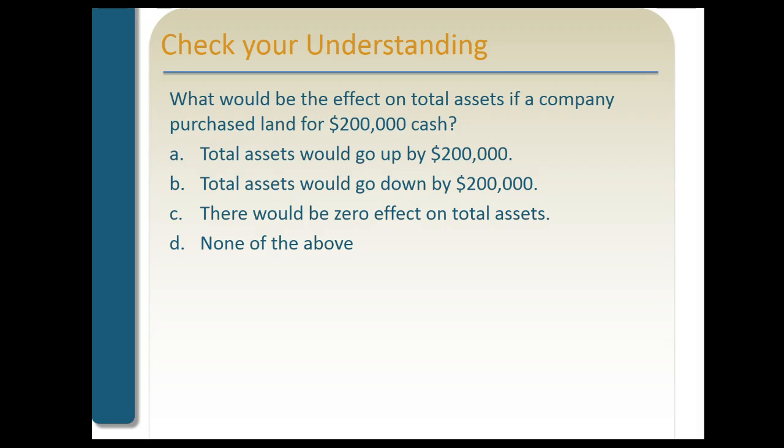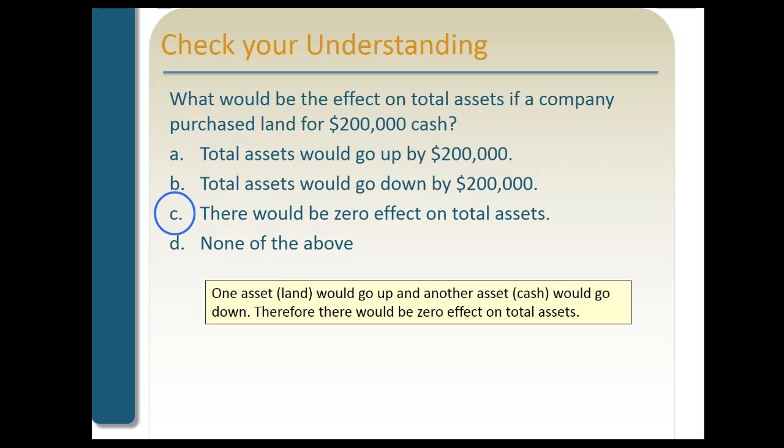Land goes up. Cash is an account that's affected. Cash goes down. But guess what? There would be zero effect on assets because one asset, land, would go up. The other asset, cash, would go down. Therefore, there would be zero effect on total assets.